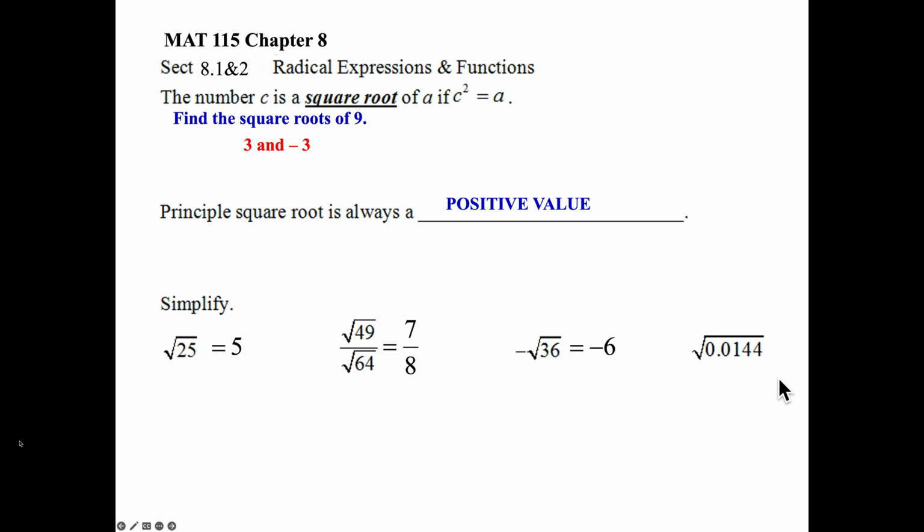Now put 2 decimal places on it: 0.12. 0.12 times 0.12 has 4 decimal places, and 12 times 12 is 144. We put a 0 to fill in that spot. There's our answer. So anytime it's a square root, you have to have an even number of decimal places. Cut it in half: 4 places divided by 2, so your answer has to have 2 decimal places.